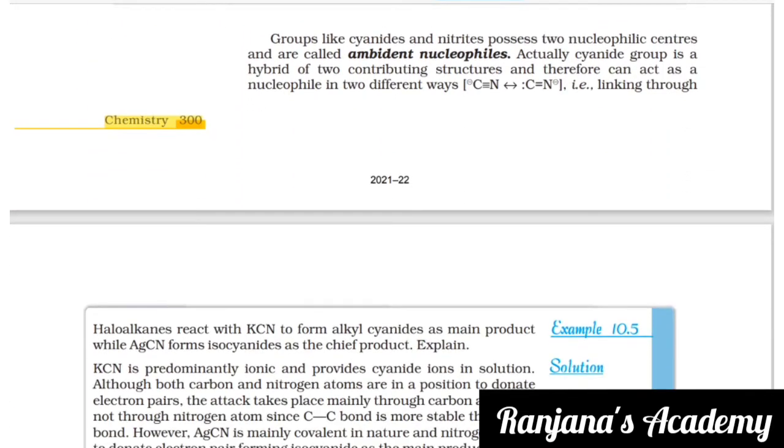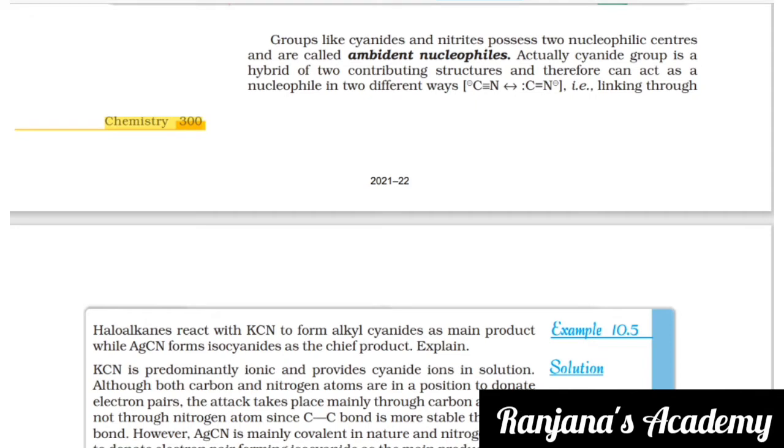Groups like cyanides and nitrites possess two nucleophilic centers. They have two nucleophilic centers, and these are called ambident nucleophiles. Actually, the cyanide group is a hybrid of two contributing structures and therefore can act as a nucleophile in two different ways. Either carbon can take the negative charge or the nitrogen can take the negative charge.